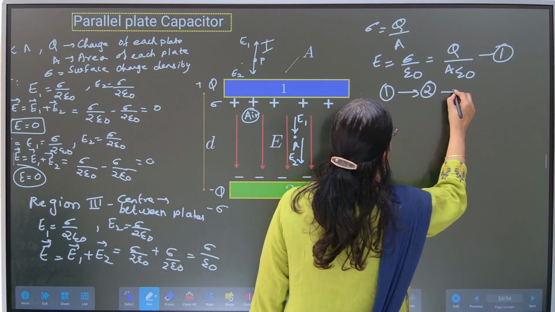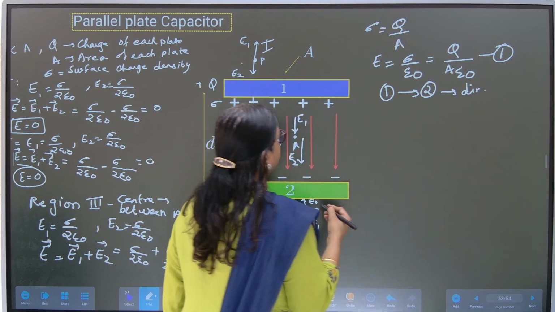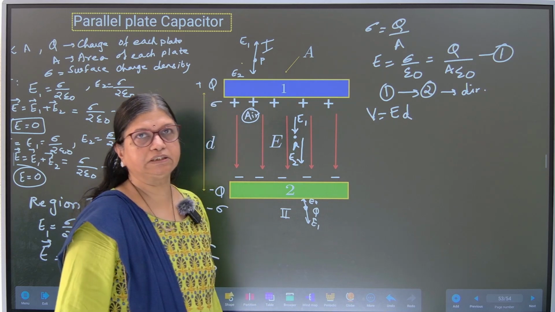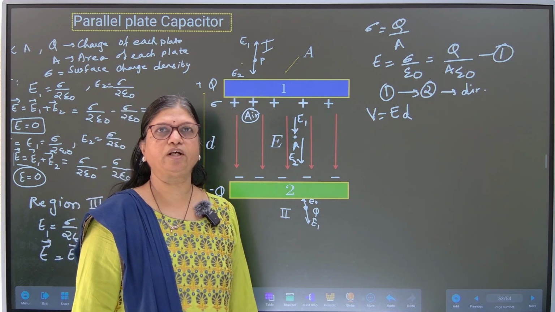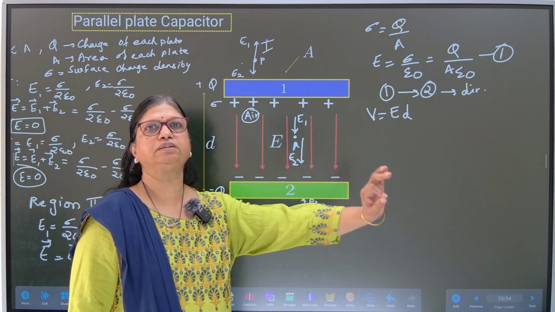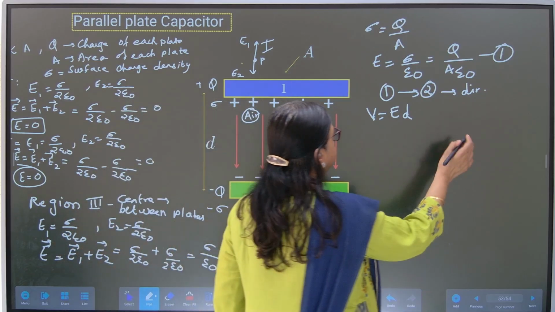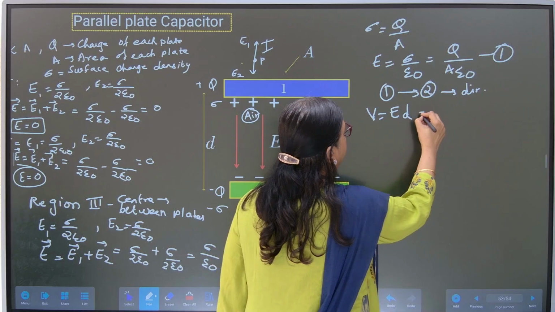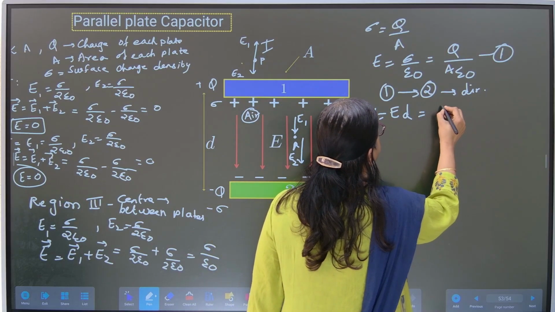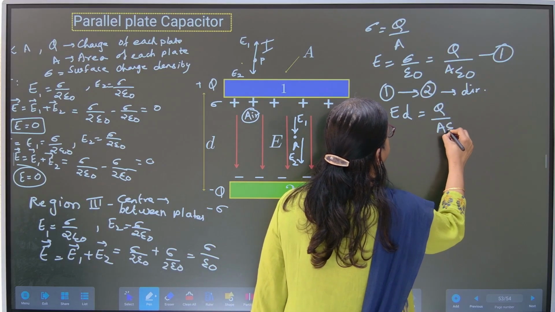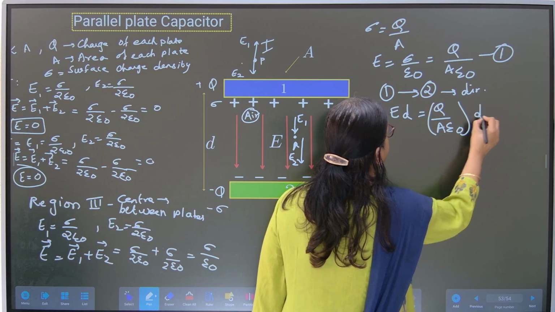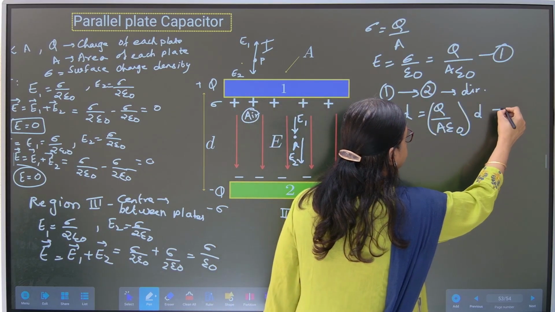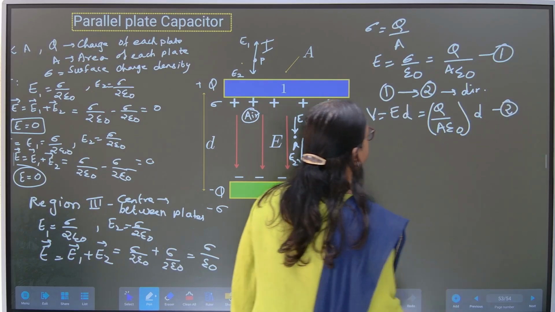Then V is equal to ED, the potential formula which we have already derived in this chapter. Substituting E, we get V is equal to Q upon A epsilon naught times D. This is equation number 2.